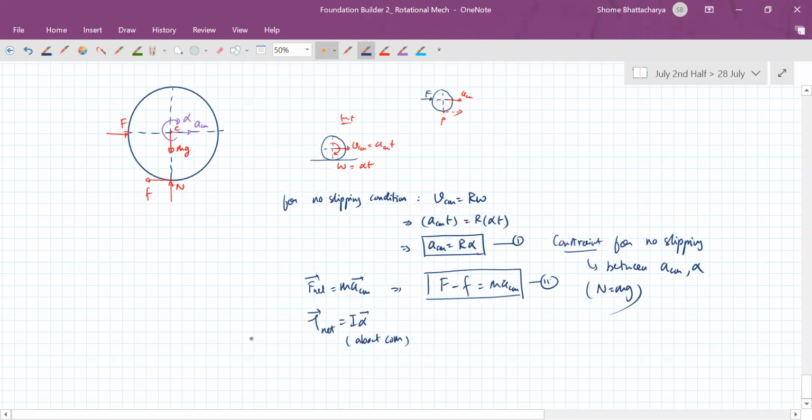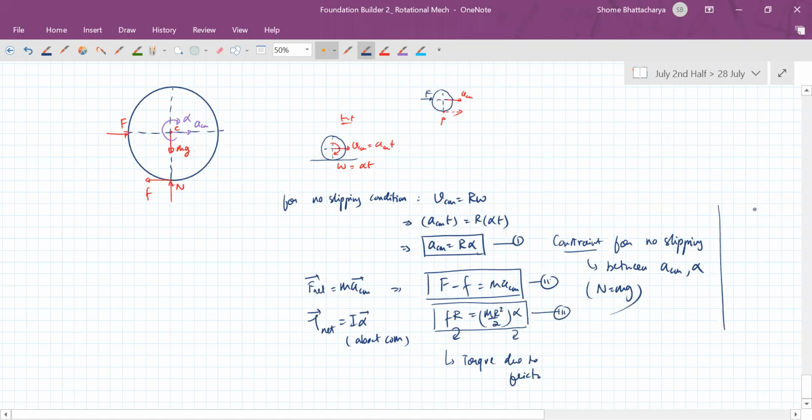Now, as far as net torque is concerned, you can see only friction is providing torque. All of the other forces are acting through the center of mass. So your net torque is going to be torque due to friction, which is a clockwise torque, you can see. So that should be equal to, it was a cylinder, so MR square by 2 alpha. Alpha is also clockwise. So this is my third equation.